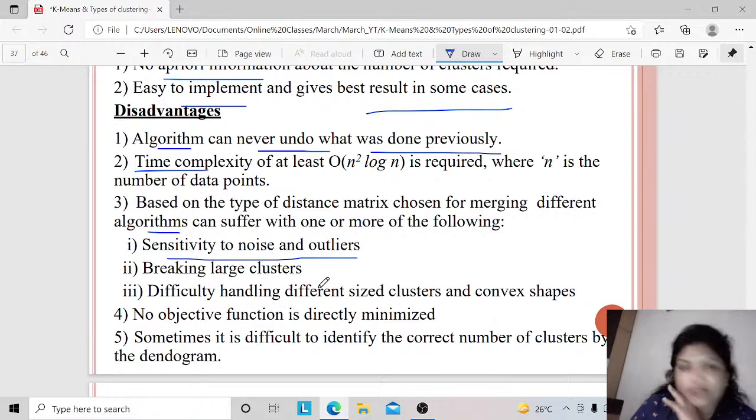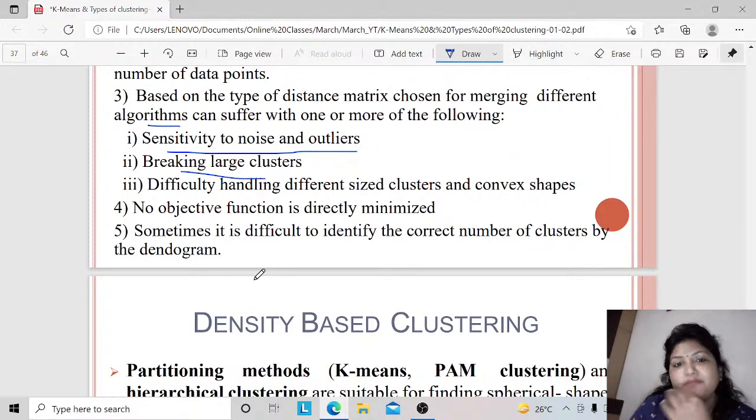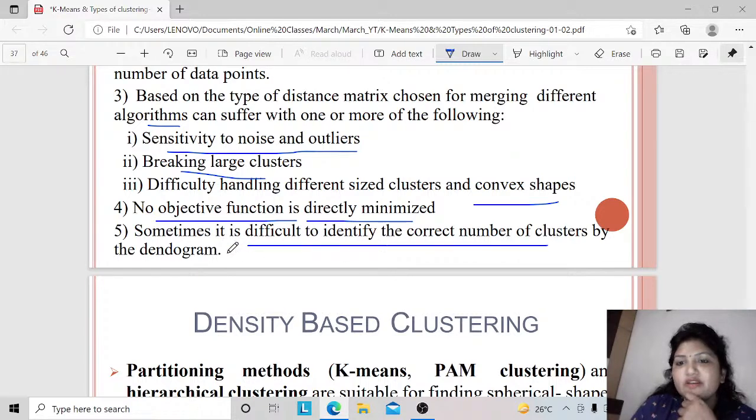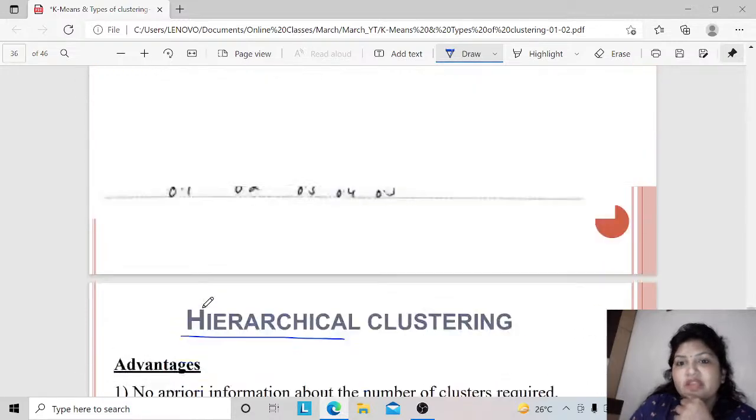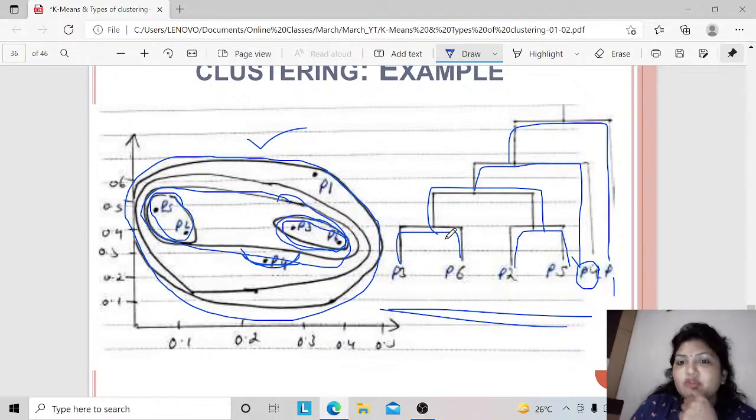Sometimes you may have one or more outliers in your data. It also has difficulty breaking larger clusters, and difficulty handling different sized clusters and convex shapes. No objective function is directly minimized. Sometimes it is difficult to identify the correct number of clusters from the dendrogram. You cannot find the number of clusters that we can have for the particular data points.